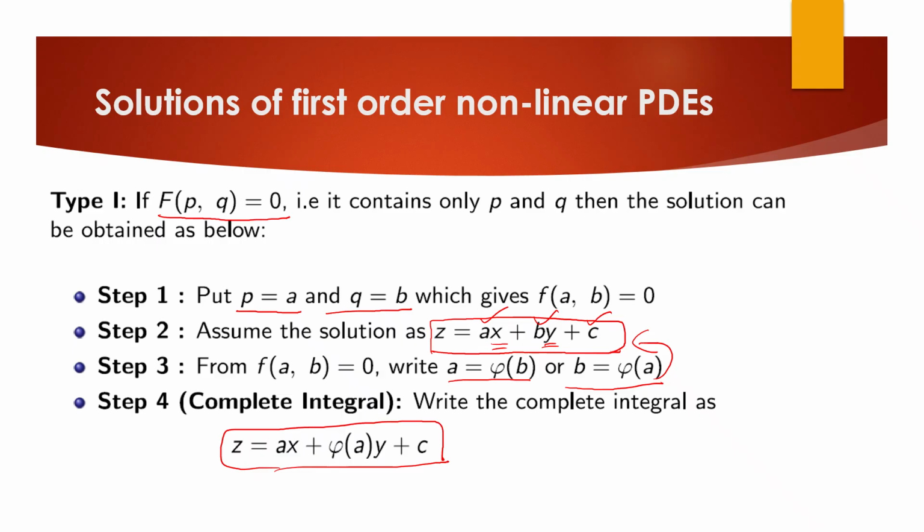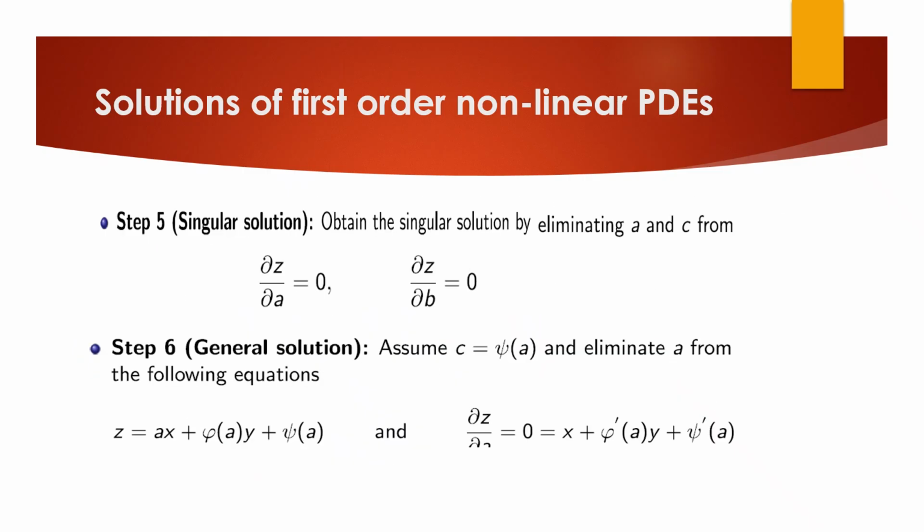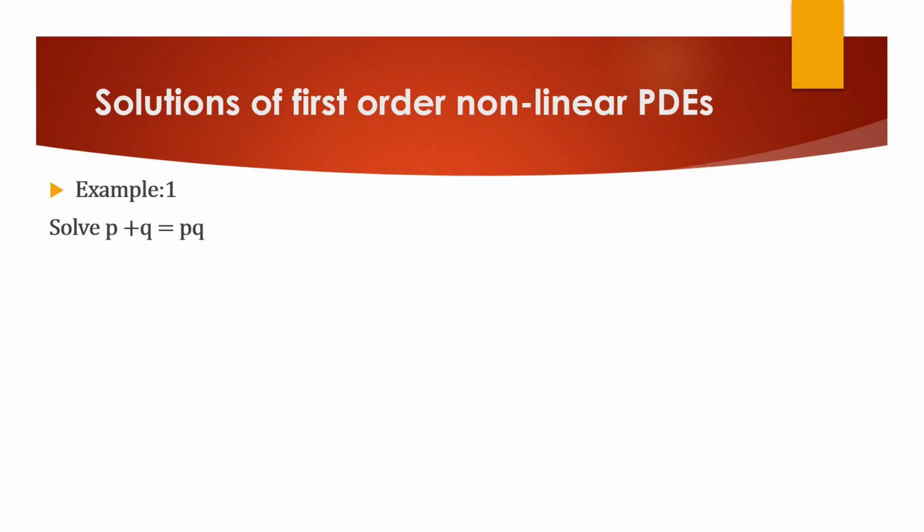And then we find our singular solution just by differentiating the complete solution with respect to the arbitrary constants a and c, and then elimination of those constants gives the singular solution. And then finally taking c as a function of a and differentiating with respect to a and elimination of a gives the general solution. So now we'll see one example.